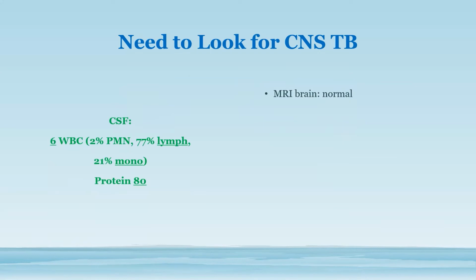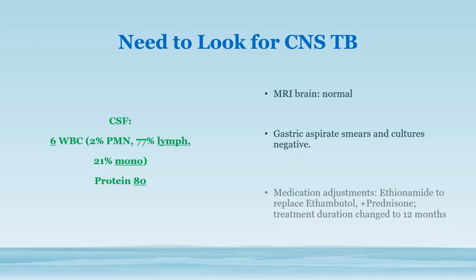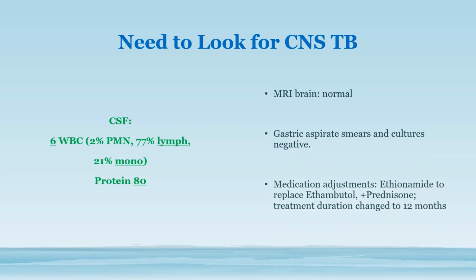When I say the cell count, it's more the shift in the lymphocytes and monocytes. He did have an MRI of the brain that was normal. Gastric aspirate smears and cultures were collected and were negative. And we made the following medication adjustments to be treating for CNS TB or TB meningitis.